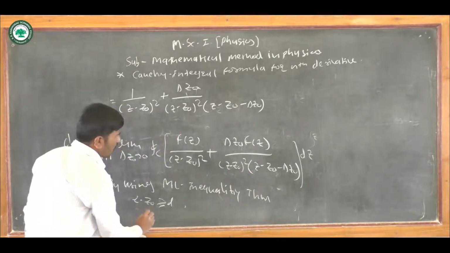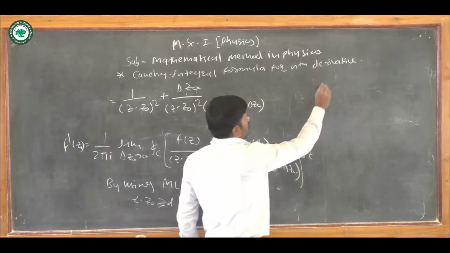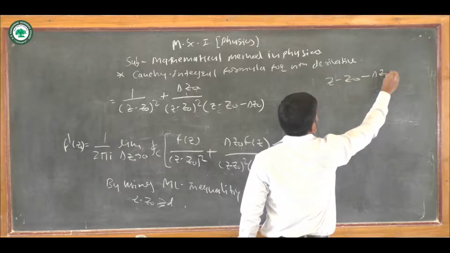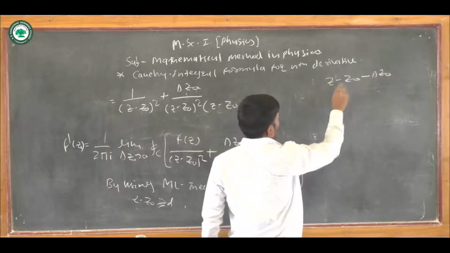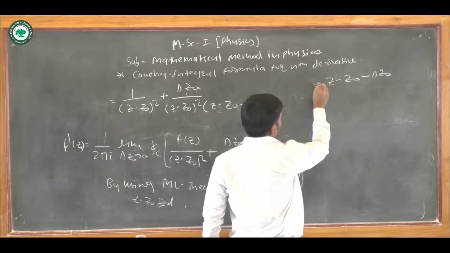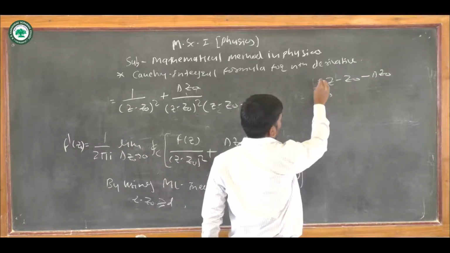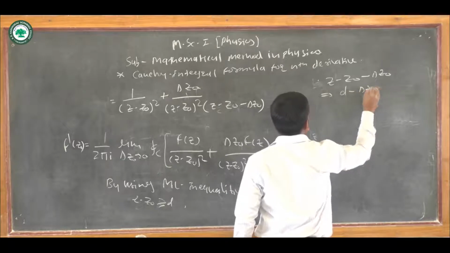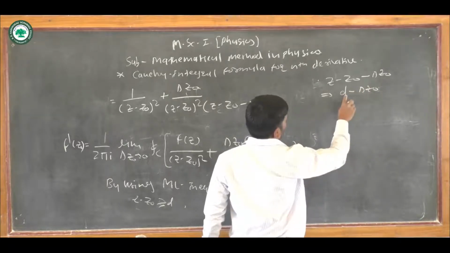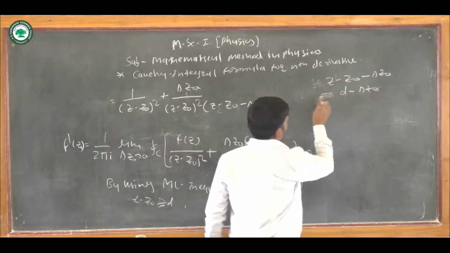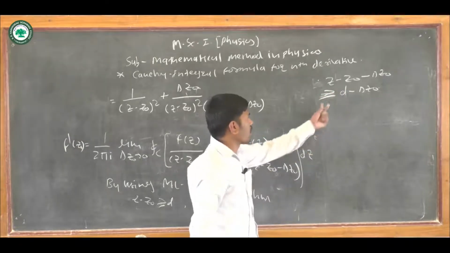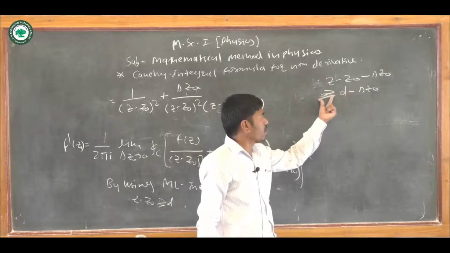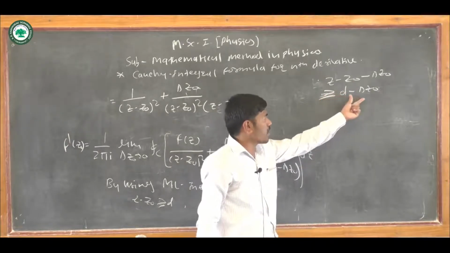Okay, so if I write like this, z minus z naught minus del z naught, so it is d minus del z naught. Okay, so it is greater than or equal to z minus z naught minus del z naught, that is greater than or equal to d minus del z naught.